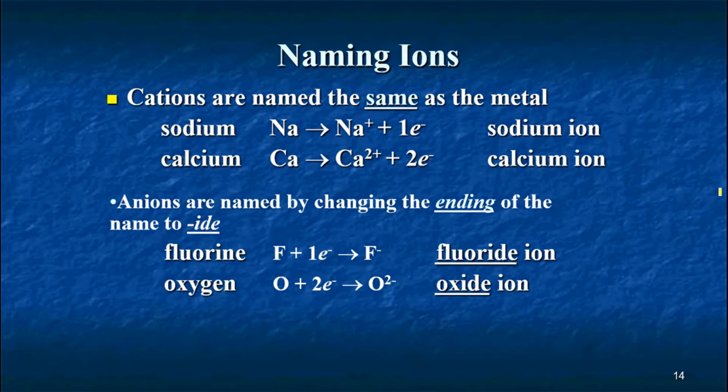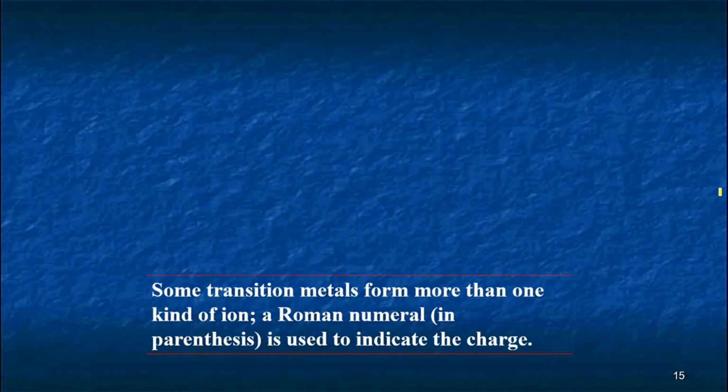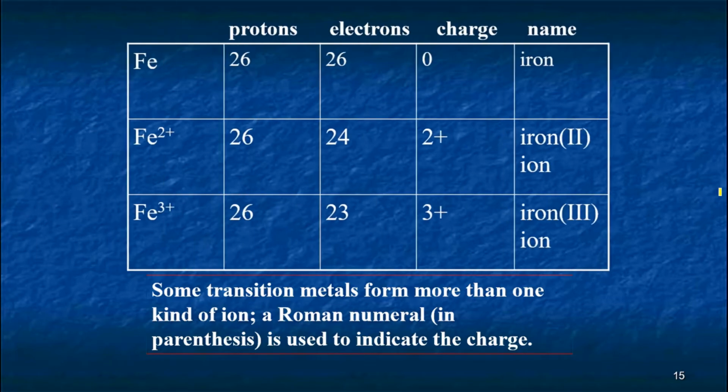Now there's a special category of metals. As we will see, metals will typically form positively charged ions, in other words, cations. But some of them actually form more than one kind of ion. To represent that, we write a Roman numeral in parentheses to indicate the charge of that particular ion.